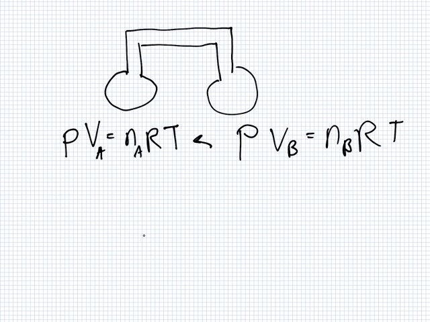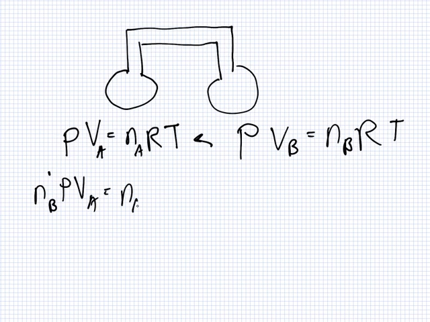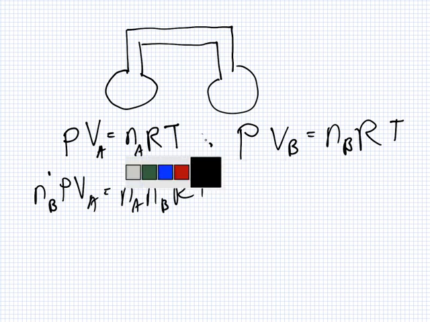I'm going to multiply this by nB, so I have nB PVA equals nA nB R T. I'm going to try. Look, I'm not happy with how they did it in the answers. I don't think it was right to use 20 Celsius. Now maybe it turns out I get the same answer.